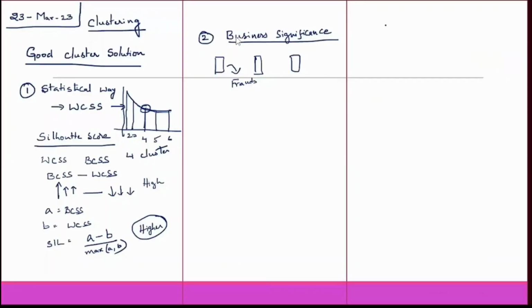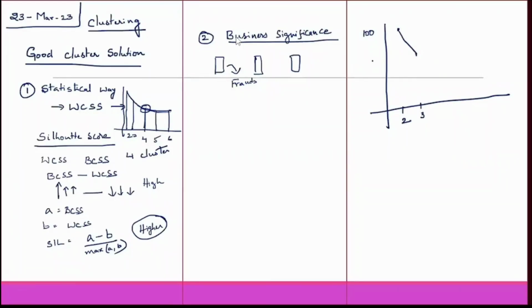you just try this scenario. Let's say we had 100 for a 2 cluster solution. For a 3 cluster solution, suddenly I saw this WCSS has fallen to 70, which is like a big fall.